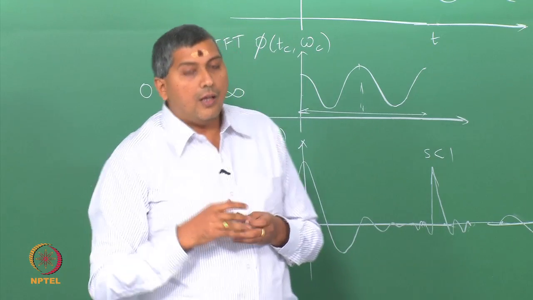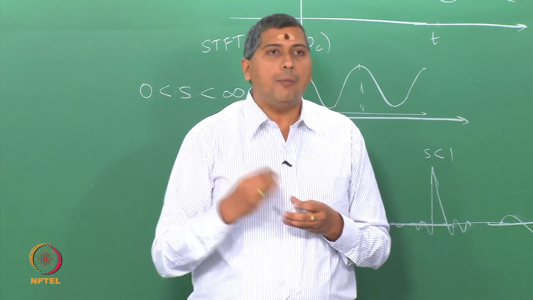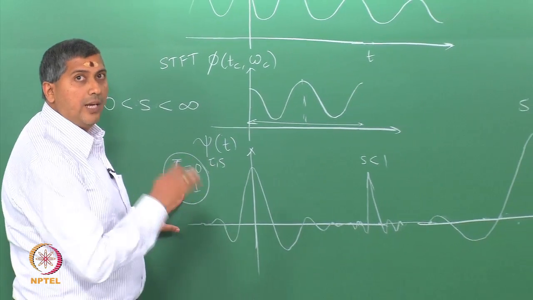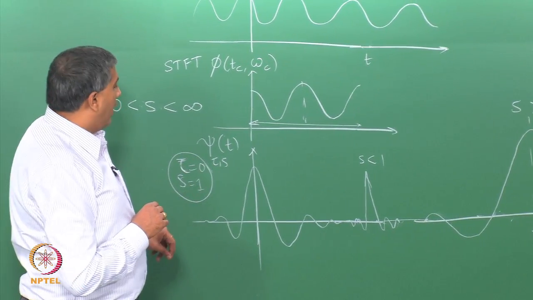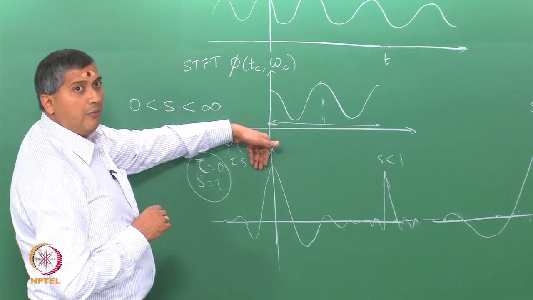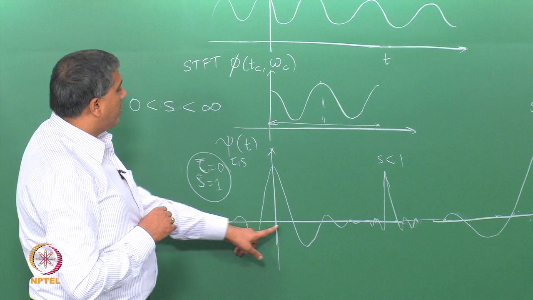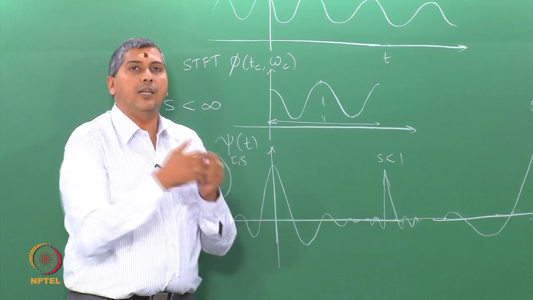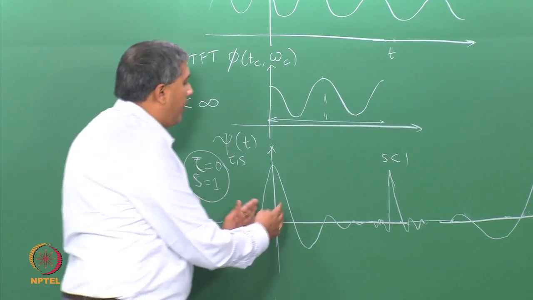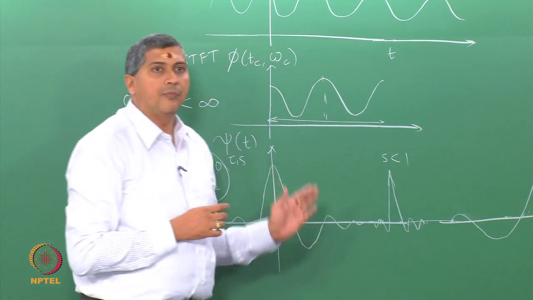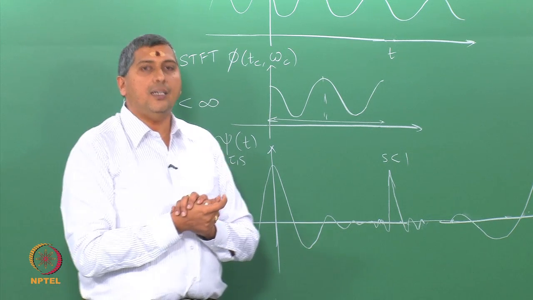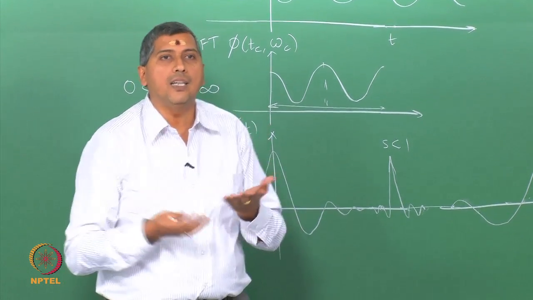Now, when I do that, let us say I choose scale equals 1, that is I am looking at the mother wave itself, and I am going to analyze the signal with this mother wave. When I translate in very fine steps in time, there are going to be huge overlaps between the signal segments that I am going to analyze, and that will generate a lot of redundant information.